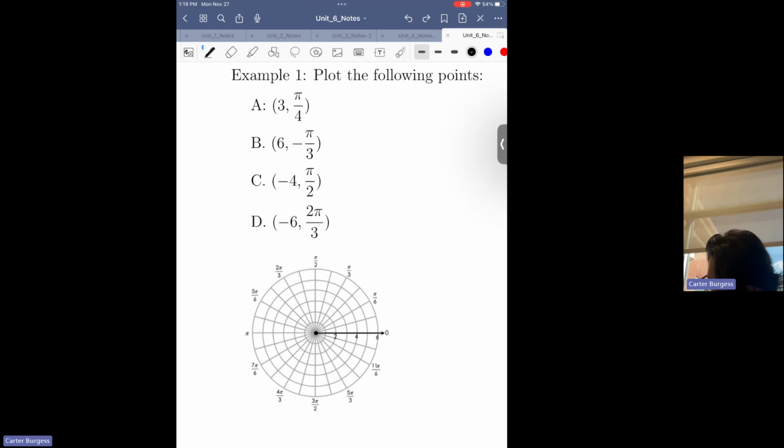And then what direction am I going to be rotating? Counterclockwise by pi over 4. That will take us to right here. This will be A.